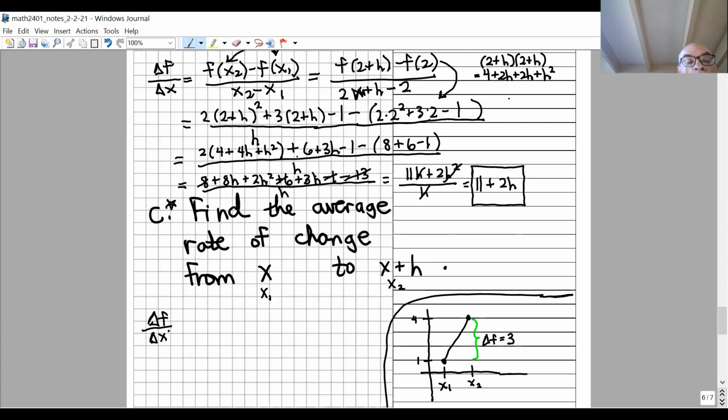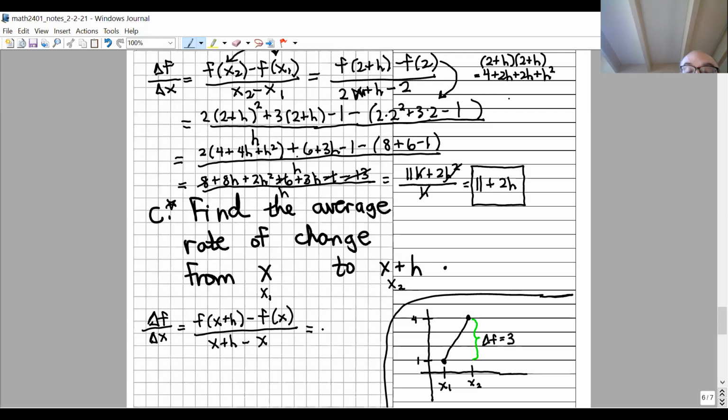So remember, this is the way we denote average rate of change: delta over delta. And so I have f of x2, which in this case is x plus h, minus f of x1, which in this case is x, all of that divided by the second x value, which is x plus h, minus the first x value, which in this case is x.